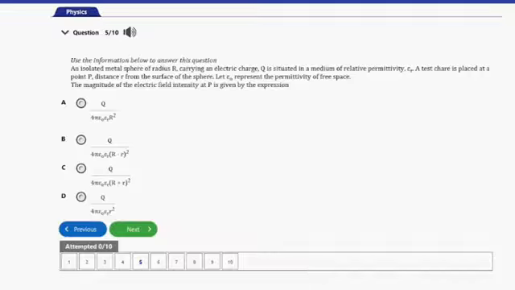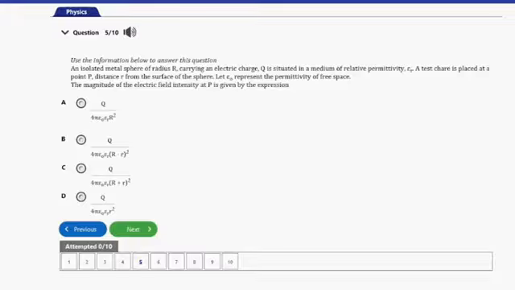The magnitude of the electric field intensity at P is given by the expression: A, Q over 4 pi epsilon naught epsilon r R squared; B, Q over 4 pi epsilon naught epsilon r times (R minus r) to the power of 2; C, Q over 4 pi epsilon naught epsilon r times (capital R plus small r) all to the power of 2; then D, Q over 4 pi epsilon naught epsilon r r squared.